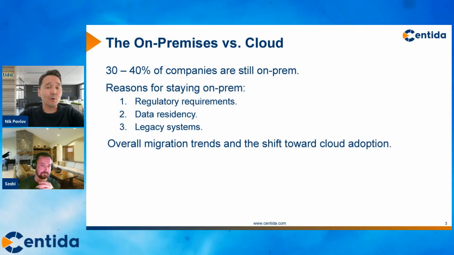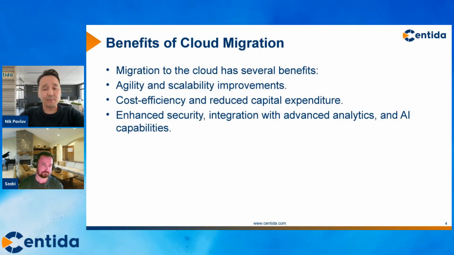At the same time, the overall trend is clear. More companies are making the move to the cloud, and why are they doing that? Because obviously the cloud has a few very strong benefits. Not a few, but quite a lot. First of all, we're talking about flexibility and scalability. Traditional on-prem systems simply cannot match that.